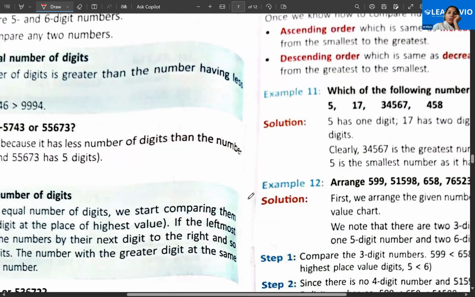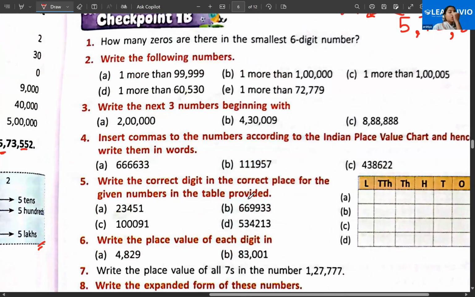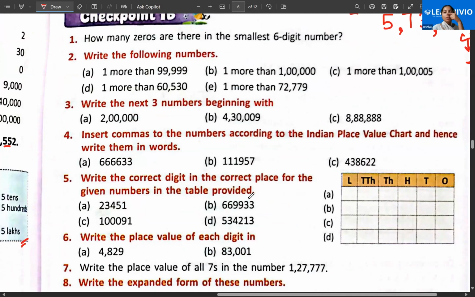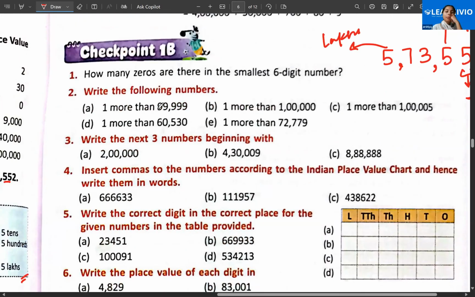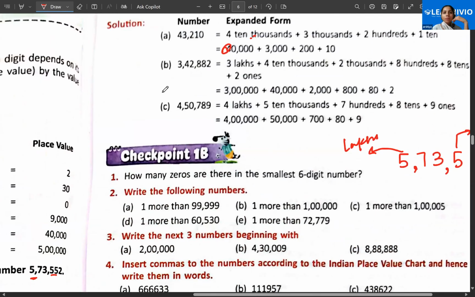Also, has your school started? Yes. What chapter is your teacher doing? This chapter, she started this chapter. Okay. And what exercise have you done, this checkpoint 1B or you haven't started that? I didn't start checkpoint 1B, I think, but I started checkpoint 1A. Okay.